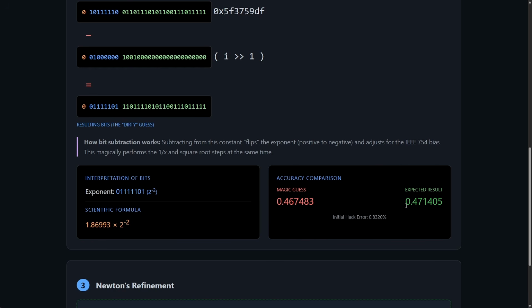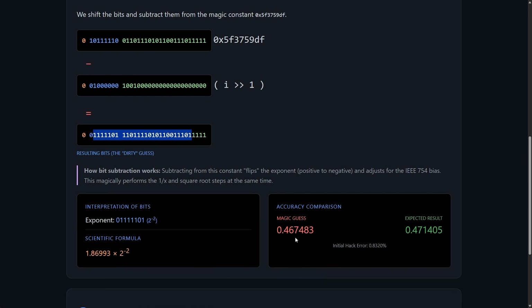And our expected value, using pure floating point math, the absolute correct value, should be 0.471405. So the estimation gives us a very close approximation of the actual value. And you see that the error is less than 1%.